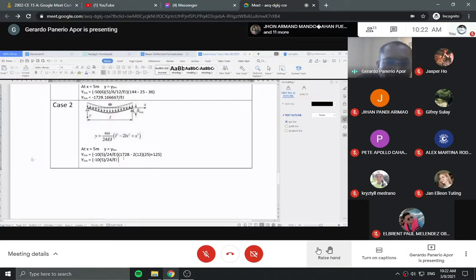So I will solve the parentheses first. Okay. 2 times 12 times 25, then plus 125. Okay, minus, plus 1728. You'll have 1003 times 50.